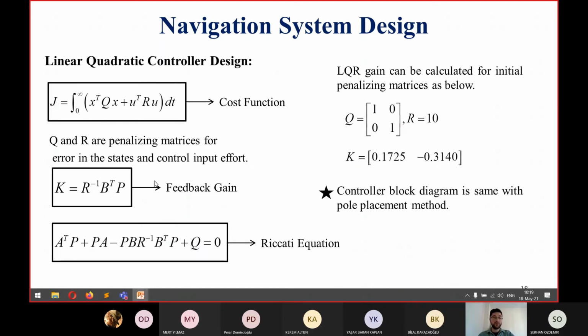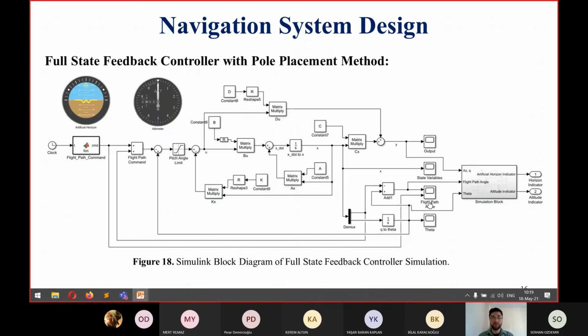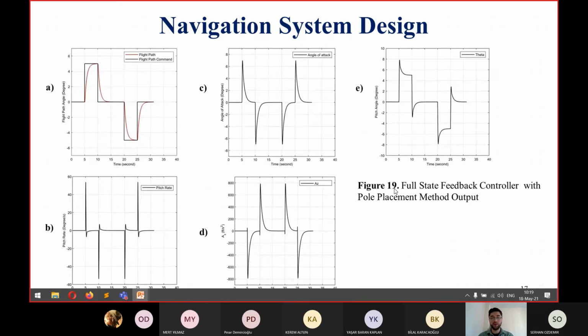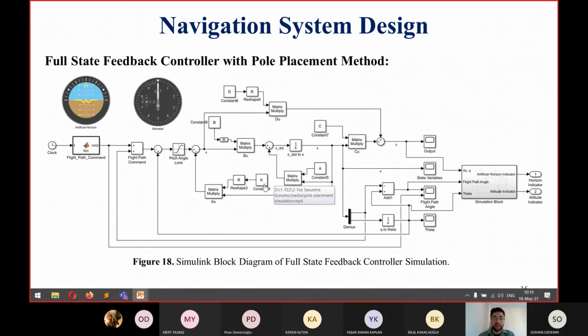And I solve the Riccati equation for the given Q and R matrices using the LQR command in MATLAB, and I calculate the feedback gain using these penalizing matrices, and my LQR gain yields this value. My block diagram is the same as the pole placement method. This is the same block diagram for the LQR controller. So the only change is the full state feedback gain K.